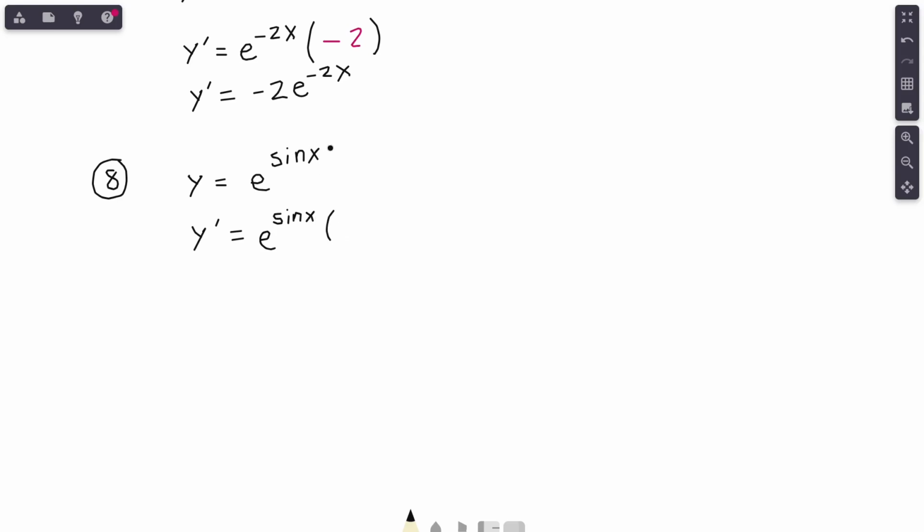And now we're just going to multiply by the derivative of the exponent. So the derivative of sine x is cosine. So our derivative is just e to the sine x times cosine x.